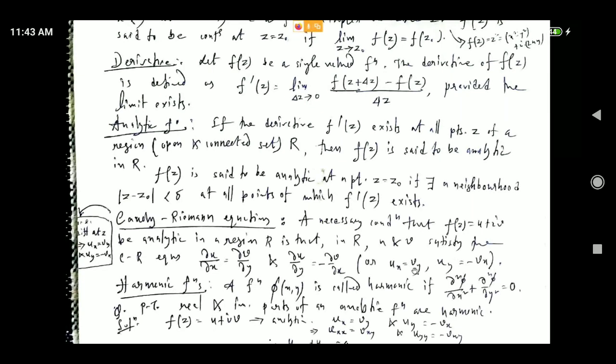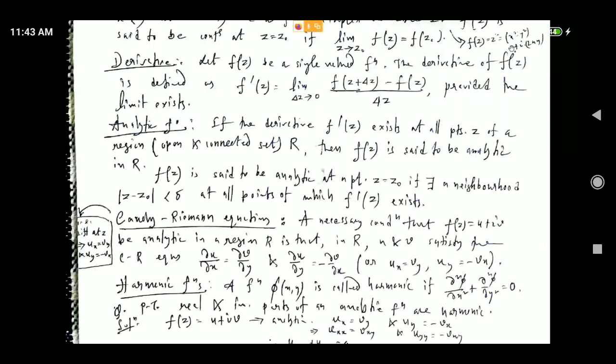So if these two conditions are satisfied by this function, then it will be called analytic in that region. It means at every point it is differentiable. Right now you may not be understanding properly.